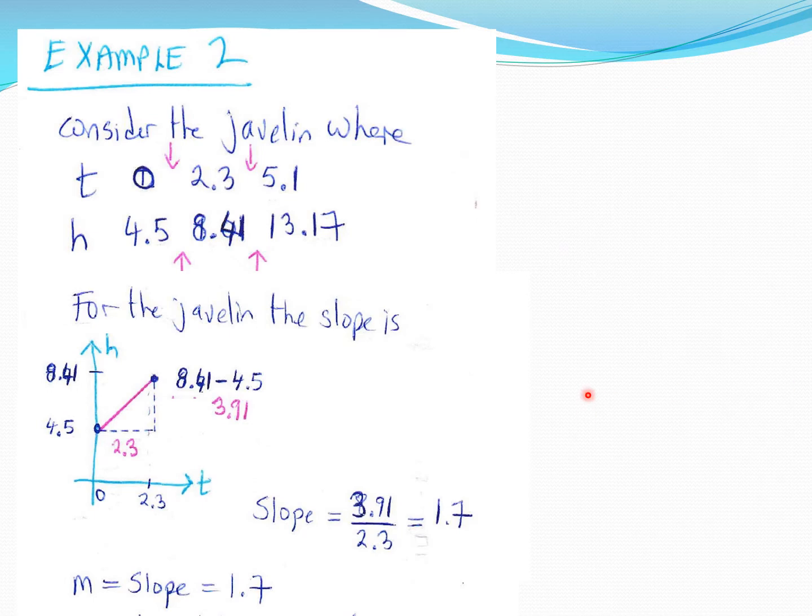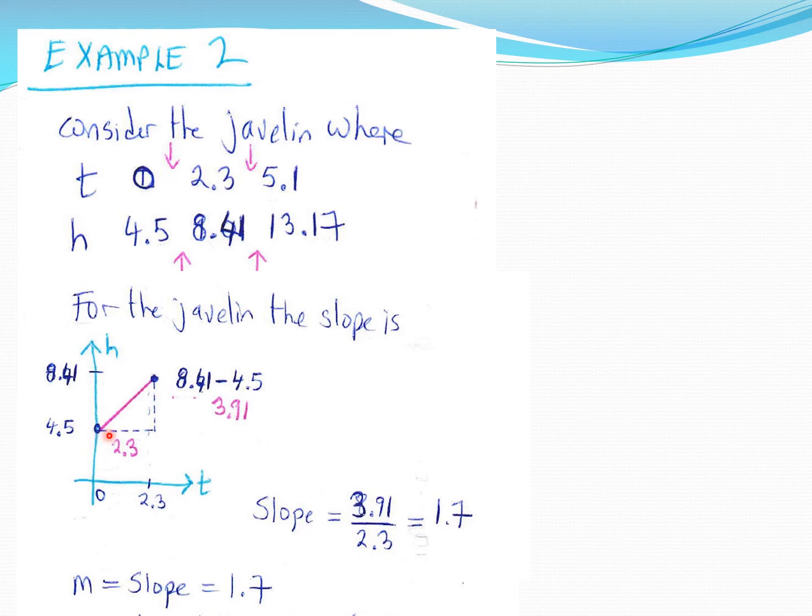So back to the example that we were looking at. We'd like to find the slope. The javelin follows the path of a straight line. So what's the slope of the javelin going to be? At time 0, the height of the javelin is 4.5. And at 2.3 seconds, the height of the javelin is 8.41. Again, we can draw a little triangle underneath there, so we get a run and a rise, or a horizontal width and a vertical height.